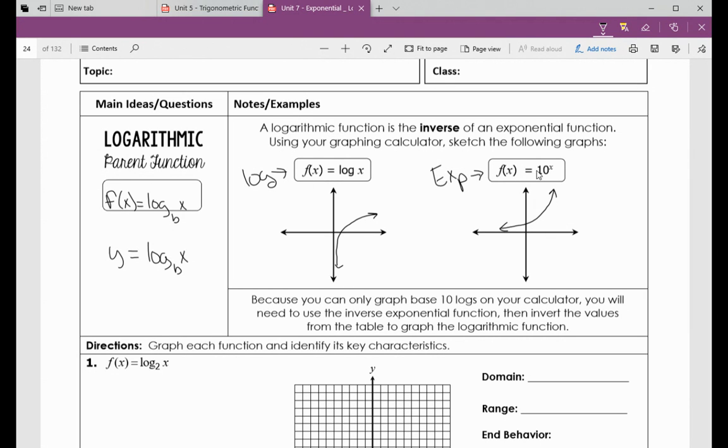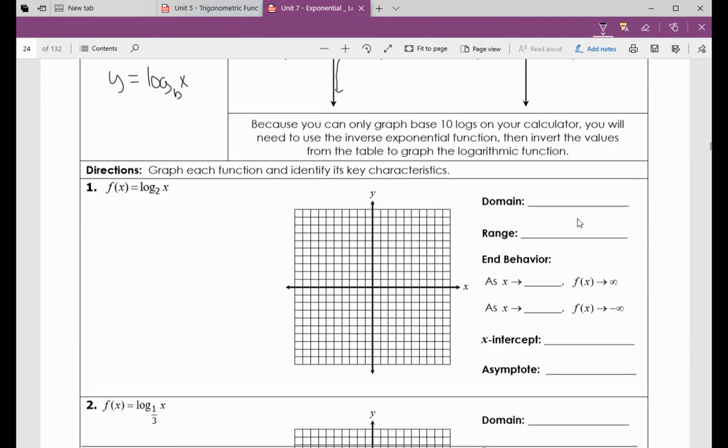If you graph this exponential, you would type in y equals 10 to the x power, and you will see a graph that looks similar to this. So that's the difference between a logarithm and an exponential graph. They still look like a similar curve, but they do go in different directions.